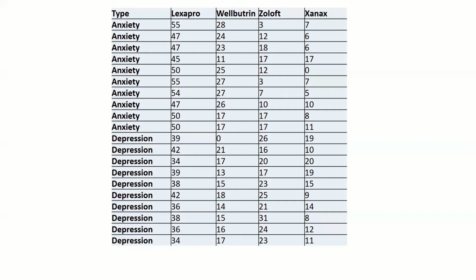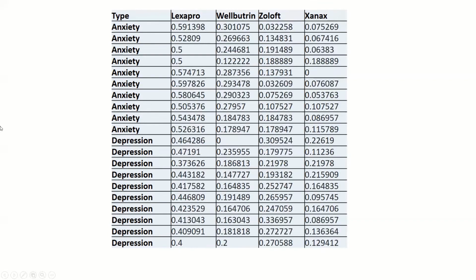So you can take a data transformation here because we can have a lot of outliers, perhaps, if you're plotting maybe Lexapro against Xanax, purely because we're using raw numbers. So this would indicate that they've been given Lexapro 55 times throughout their life compared to Zoloft. What might be easy is to normalize this data by saying what percentage of prescriptions have been taken up by Lexapro against Zoloft and Xanax and so on.